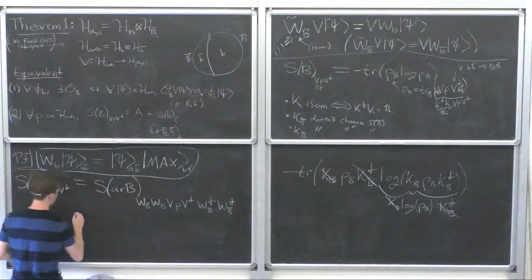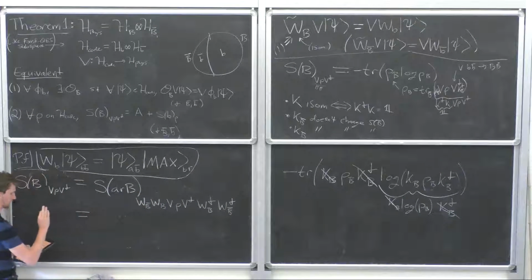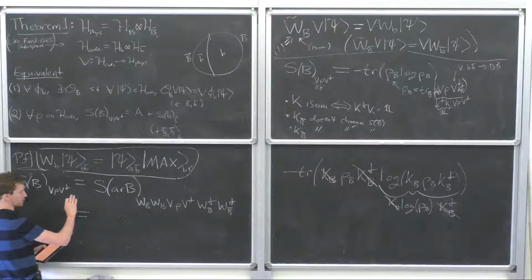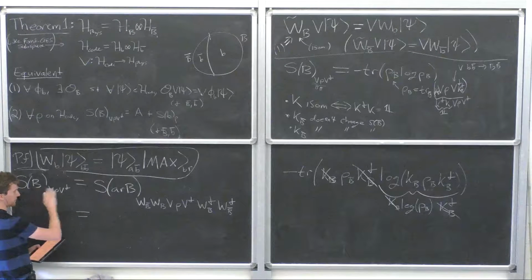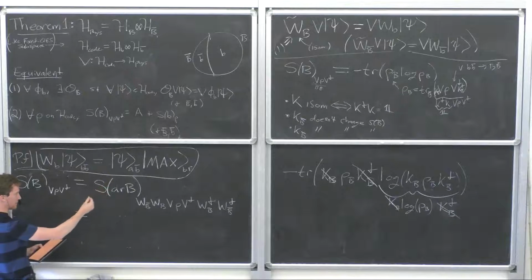Okay. So we're almost done with this 1 implies 2 proof, because the fact that these two are equal was from that argument. The isometries don't change anything.